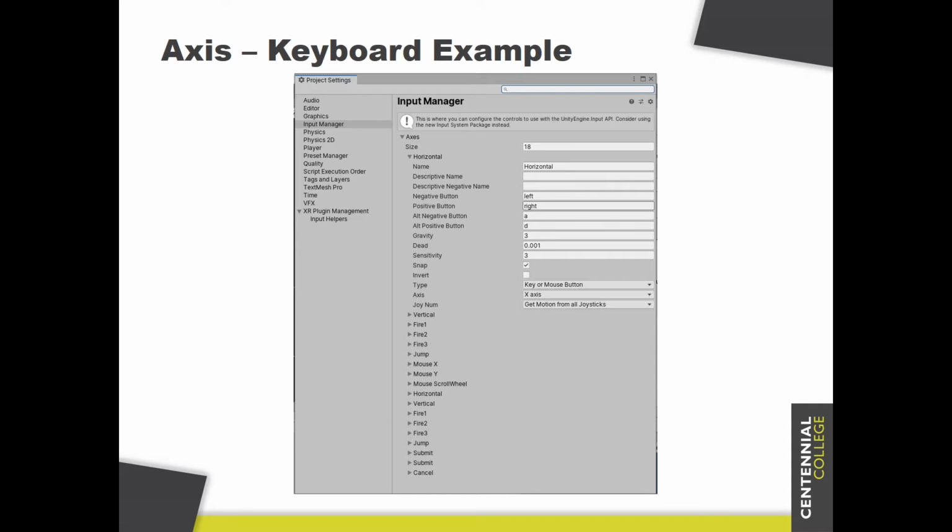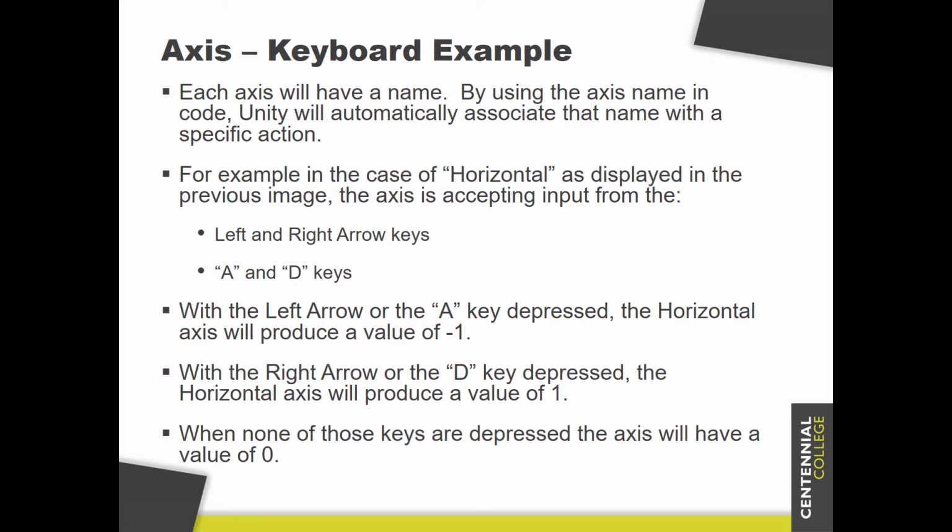Basically what Unity is saying is, if you utilize the keyword horizontal, and it has to be spelled exactly as you see it here, if you get the spelling wrong, including capitalization, it's not going to work. It's monitoring the left and right arrow keys as well as the A and D keys for input. Once we have input from those specific keys, it's going to do something for us, or in some way let us know that it's actually been hit.